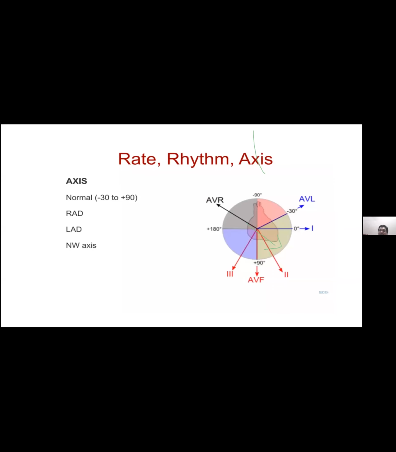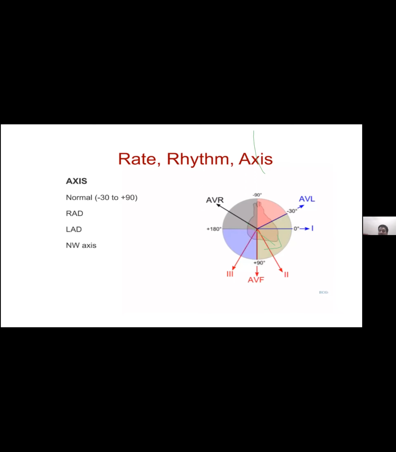Now you know why it is different. Most people will have an axis between 30 and 60 degrees because the heart is obliquely placed. From the SA node, the conduction is directed towards the left ventricle apex. That is the reason why the axis is towards the apex and between 30 and 60.